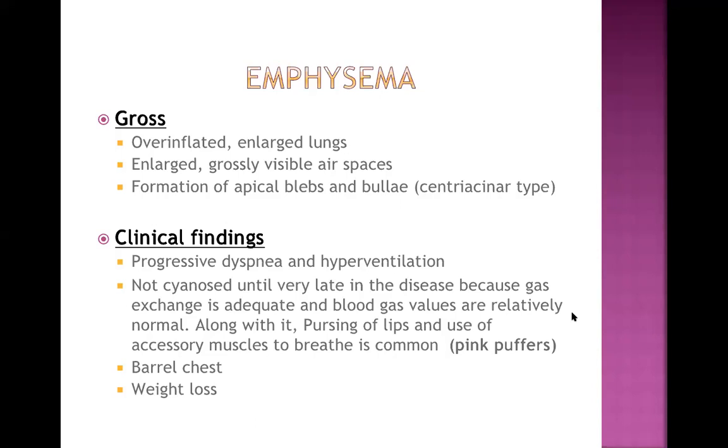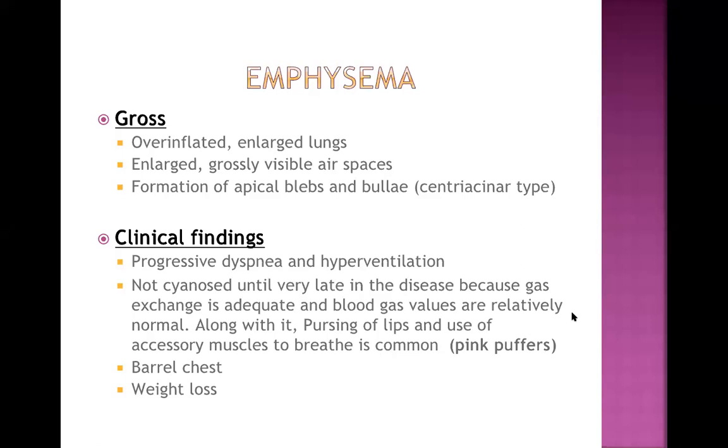In normal people, the transverse diameter is more than the AP diameter. But in emphysema, both diameters are almost the same. Because of this, the chest wall looks rounded like a cylinder, like a barrel. That's why it is known as barrel chest. Very important feature of emphysema.